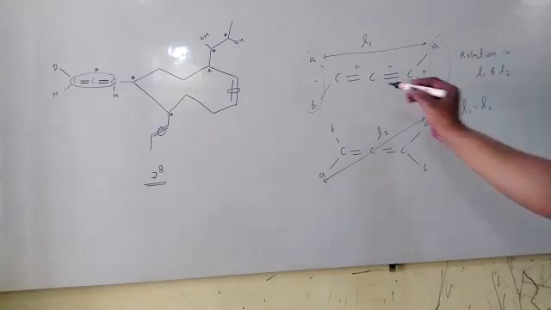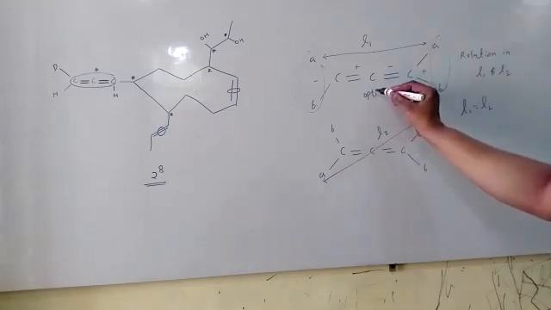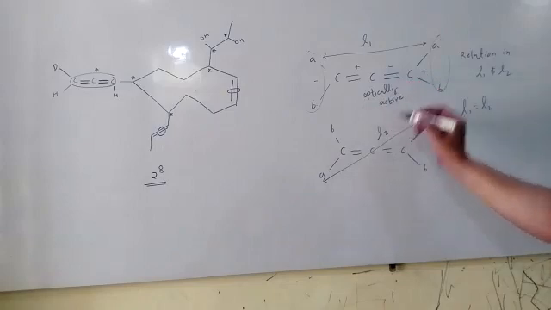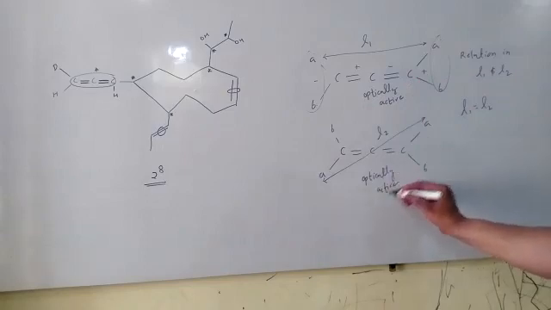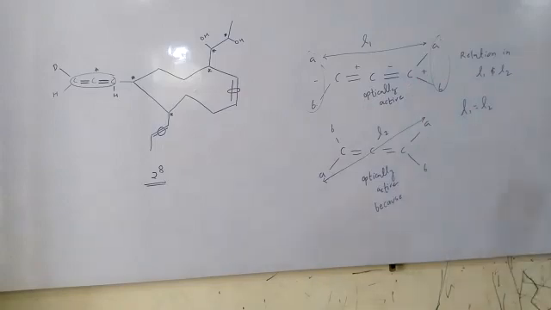So this will be an optically active molecule. This is also optically active because if you can visualize this structure, this will be like this. If these are in the plane of the board, then this will be A outside and B will be inside.